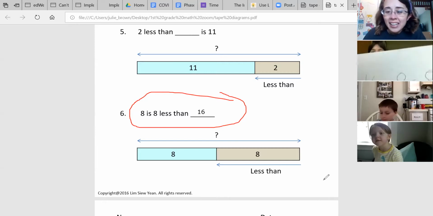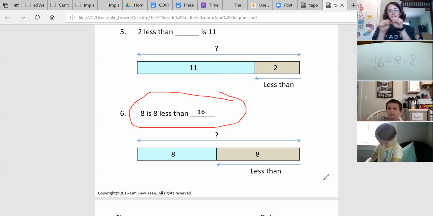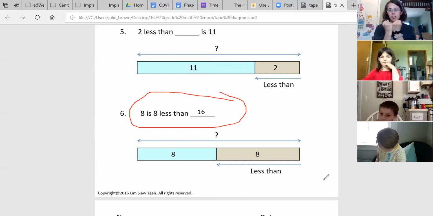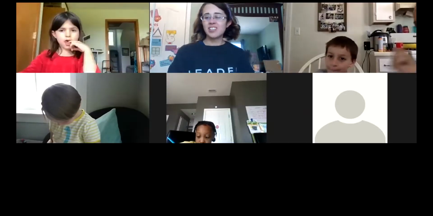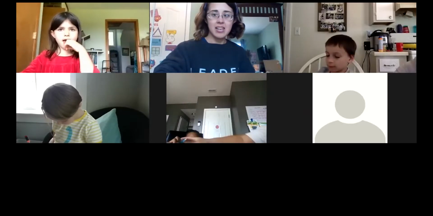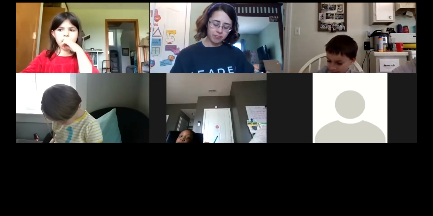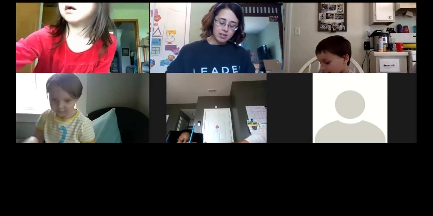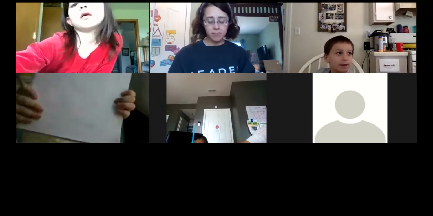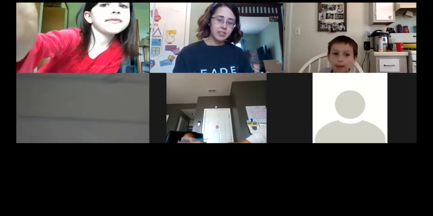Is it 8 subtract 8? Close, Alice, but 8 plus 8 are the parts. Those are what we combine. But yes, what is the question? He doesn't understand why we're adding when it's less than. When the sentence says 8 is 8 less than, he doesn't understand because he had 0 down as his answer. Can you explain that to him?